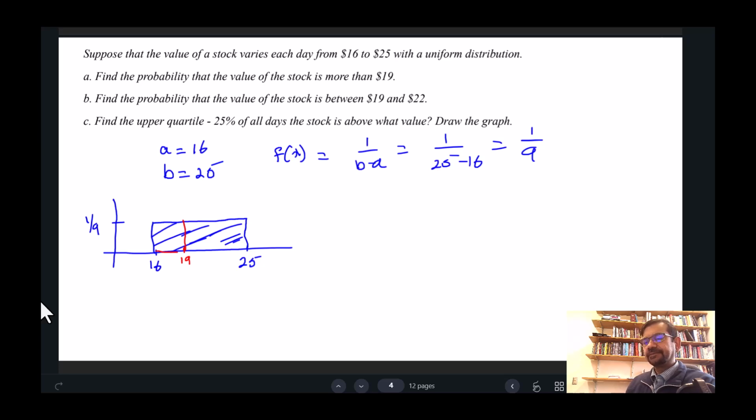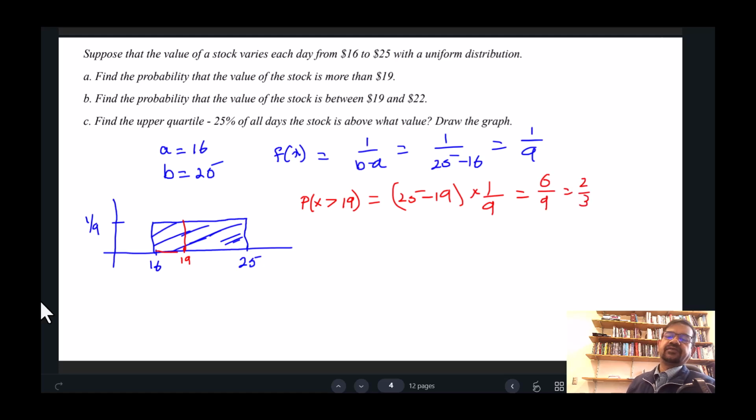So the probability that x is more than 19 is essentially the width of the interval, 25 minus 19, times 1 over 9, or 6 over 9, which is 2/3. So the probability that the value of the stock is more than 19 is 2/3.